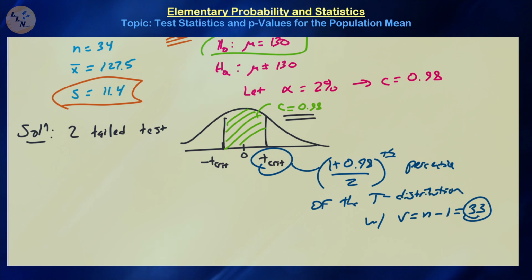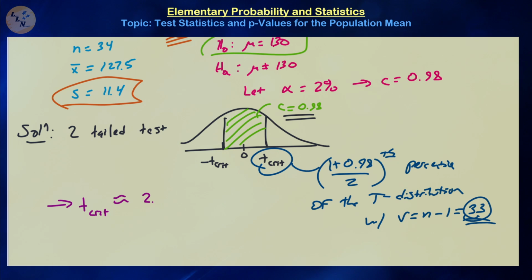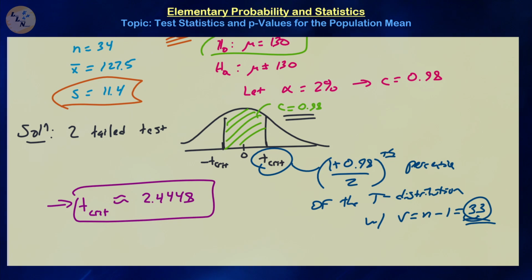So we need to find the (1 plus 0.98) divided by 2th percentile of a t distribution with 33 degrees of freedom. And once you go through that process, you can find that the t critical value is approximately 2.4448.